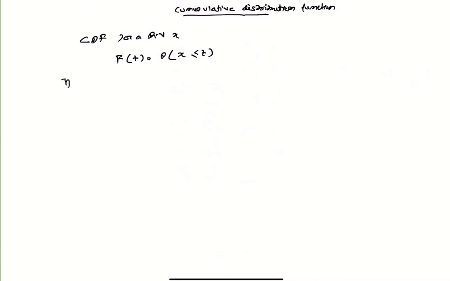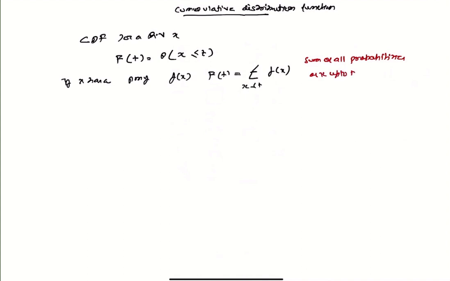So if X has a PMF of f(x), then by definition F(t) is going to be the sum over x less than or equal to t of f(x), which is basically nothing else but the sum of all probabilities of X up to t.